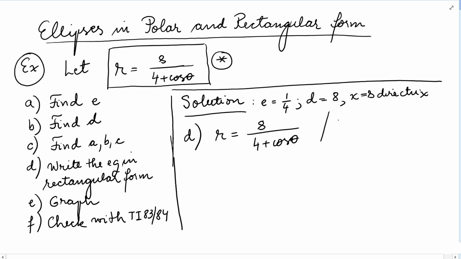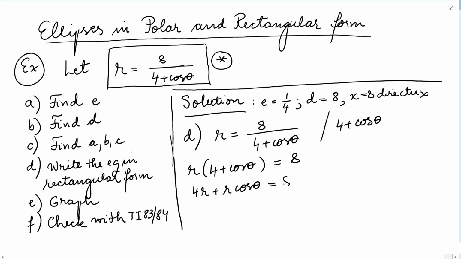To do that, we multiply both sides by the denominator, so we get r times 4 plus cosine theta equals 8. 4r plus r cosine theta equals 8. r cosine theta is equal to x, so 4r equals 8 minus x.